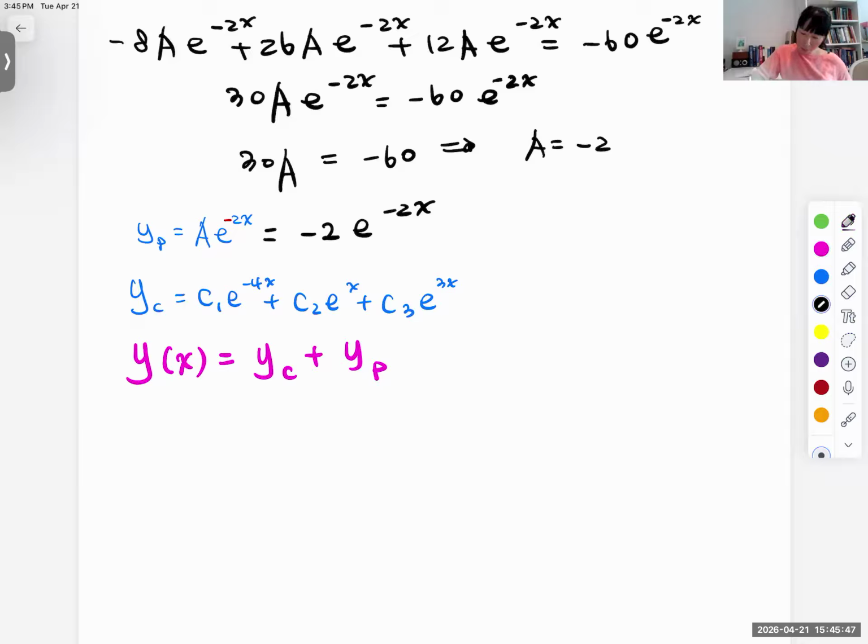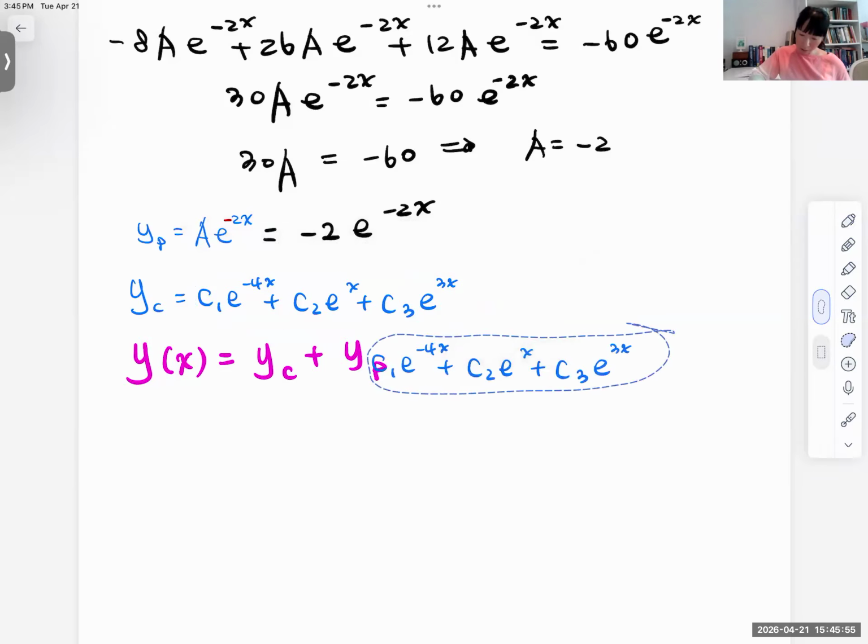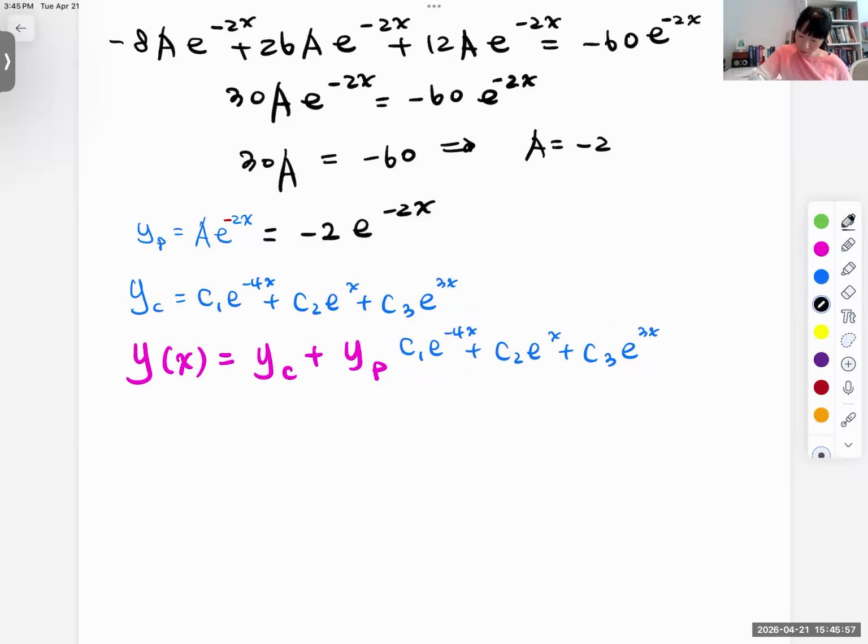So we get the complementary solution, we have that, and the particular solution, right? Now what we are doing, we want to find such C sub 1, C sub 2, C sub 3, because the original equation has all the initial conditions, right?